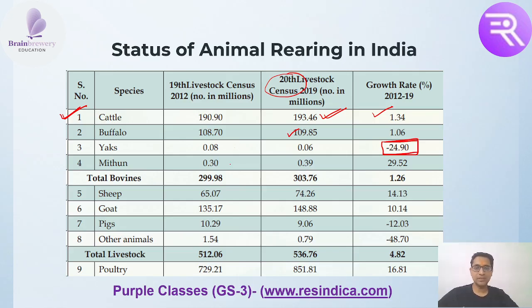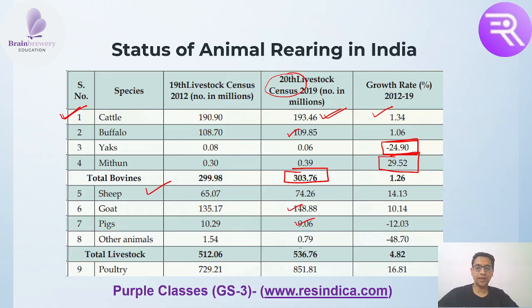Then Mithun has a growth rate of 29.52%. So total bovine cattle is 303.76 million. Then sheep 74 million, goat 148 million, pigs 9 million, and other animals.